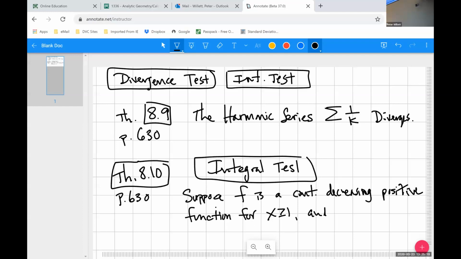And let a sub k, meaning the terms of some sequence, be equal to f of k.